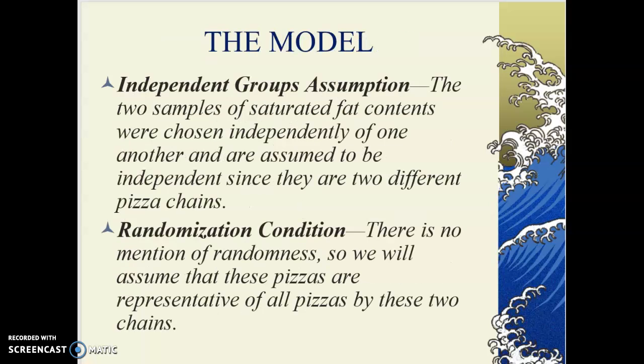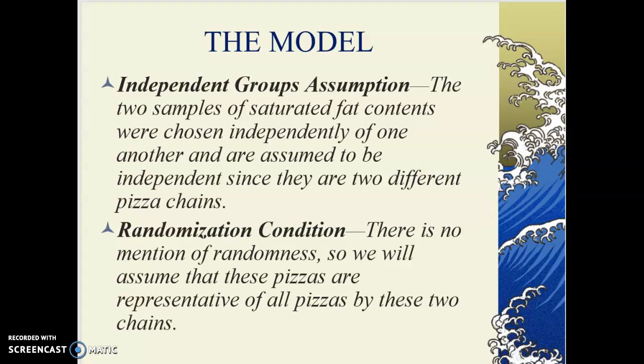All right, the model. Let's look at assumptions. We need independent groups. In this case, the two samples of saturated fat contents were chosen independently of one another. They're assumed to be independent. Certainly, they've got to be. They're from two different pizza chains. The randomization condition wasn't really mentioned in the problem.